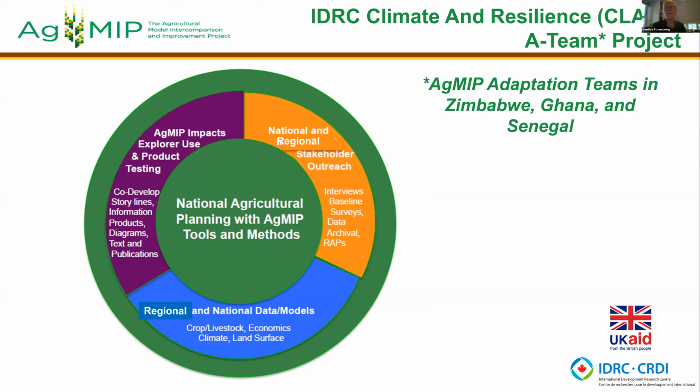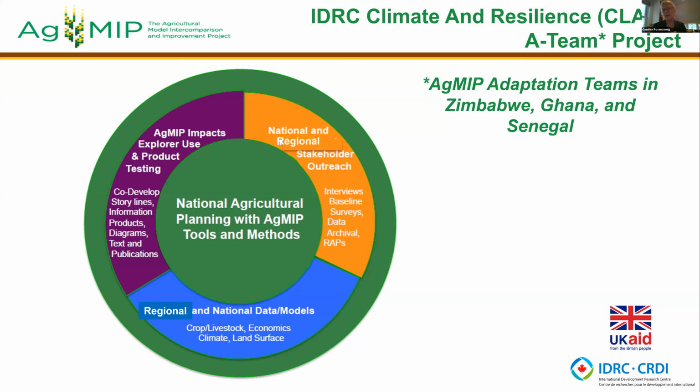But the A team conducts interviews and baseline and follow-up surveys. They look at data archives from stakeholders, and develop RAPs, which stands for Representative Agricultural Pathways.